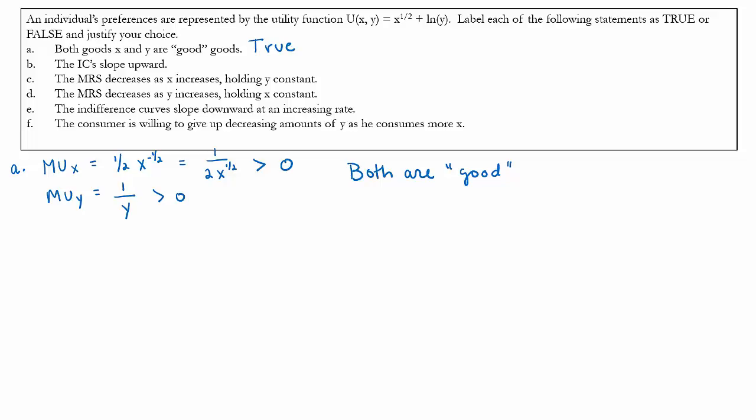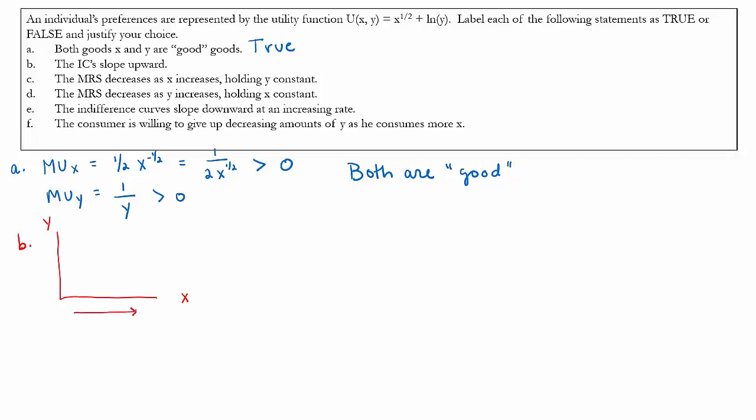Let's now look at statement B. Do the indifference curves slope up? Well, in the case of two goods, indifference curves necessarily slope down. That's because there has to be a trade-off. As the consumer consumes more of, say, good X, utility goes up.